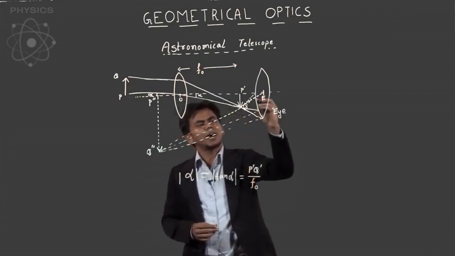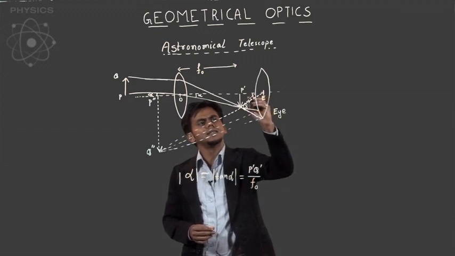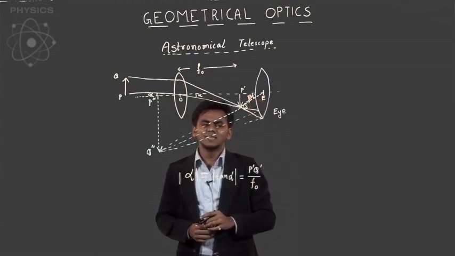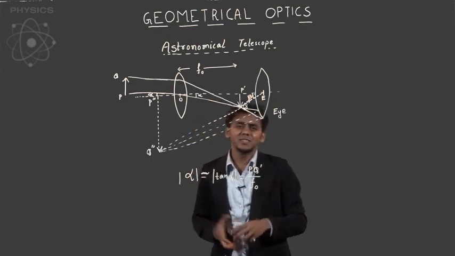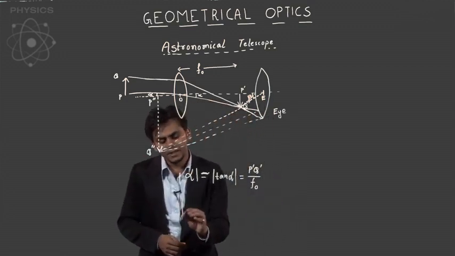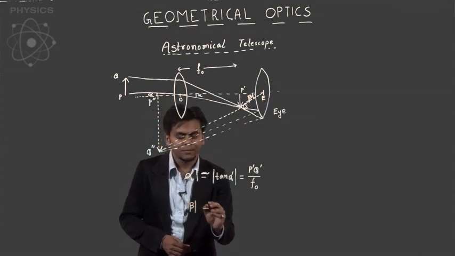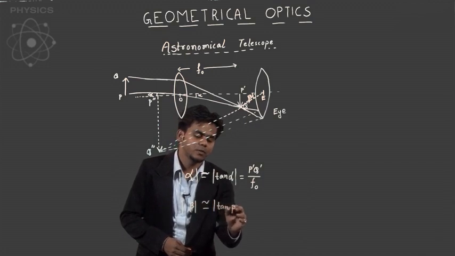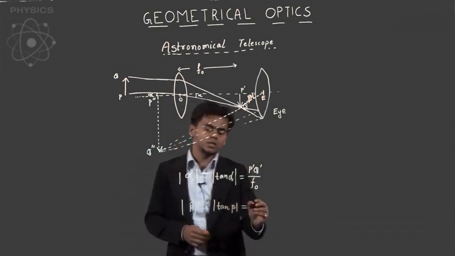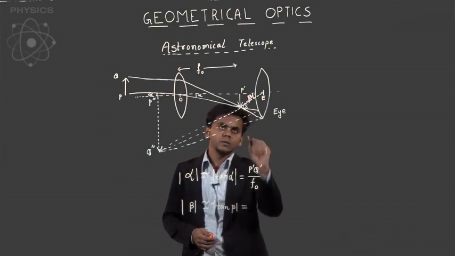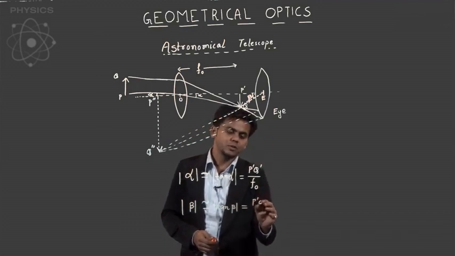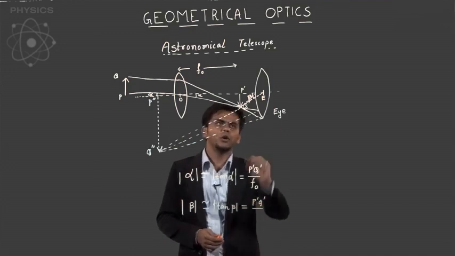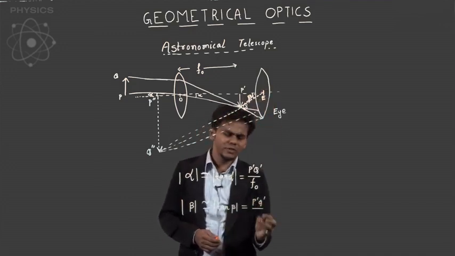Now I will see this as my beta, right? And this is the magnification produced by this instrument. What would be beta? Mod beta is essentially approximately equal to tan beta. This is your P dash Q dash upon EP dash. That makes perfect sense.